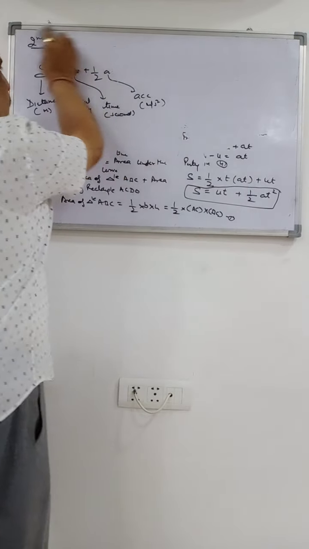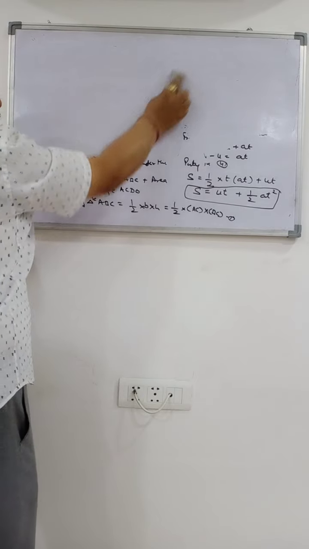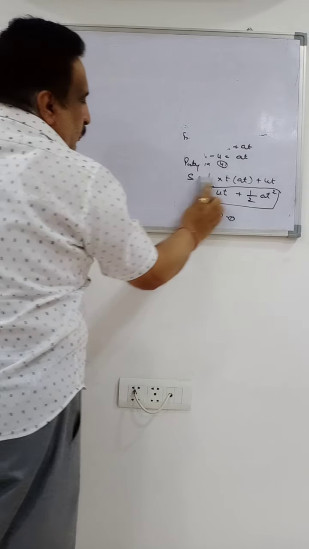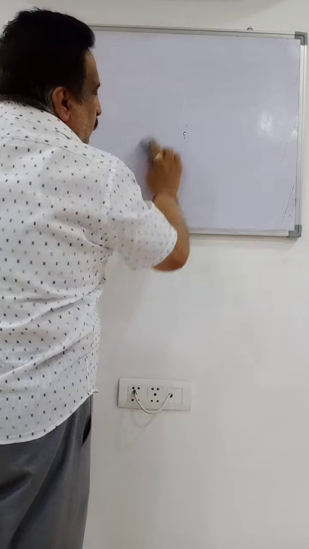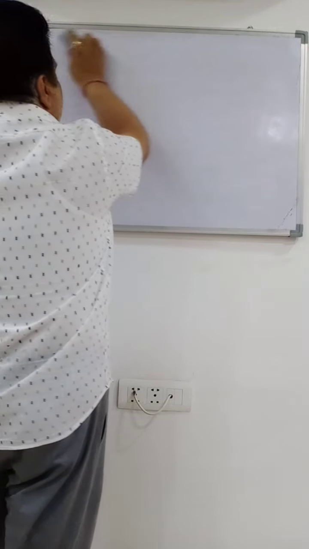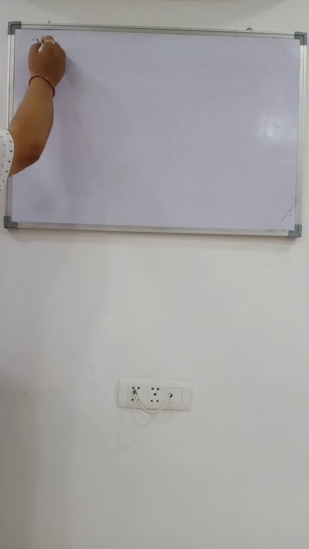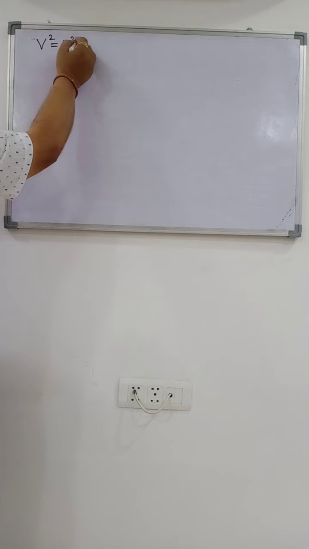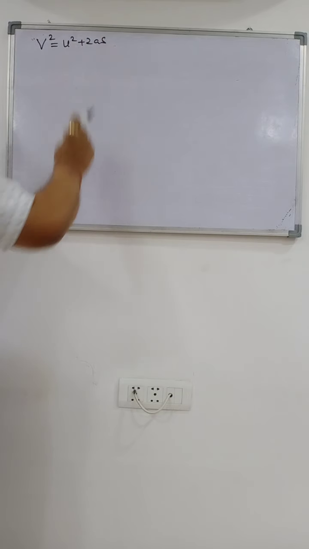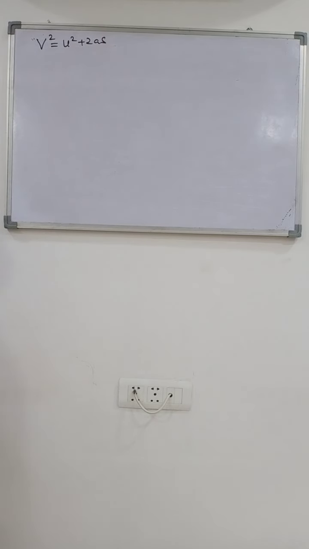Then is the third equation of motion. Third equation of motion is V square is equal to U square plus 2AS. V here is the final velocity.